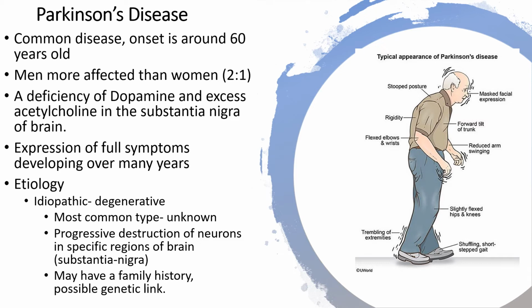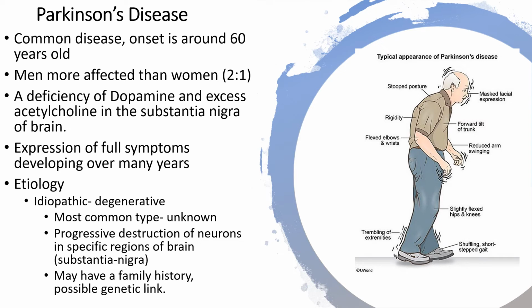Okay. Most patients with Parkinson's have idiopathic degeneration. We don't know the exact cause, but that's the vast majority of patients with Parkinson's disease. You may have heard of Parkinson's disease in Muhammad Ali. That was felt to be from recurrent head injuries, that would be relatively uncommon.